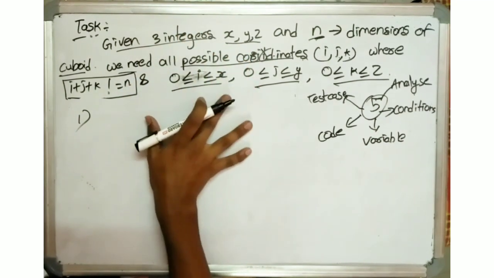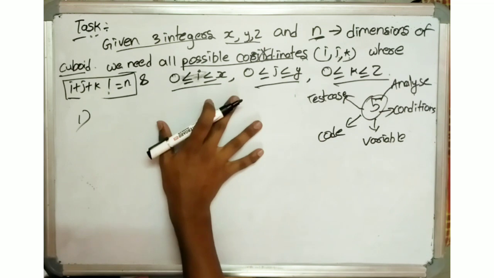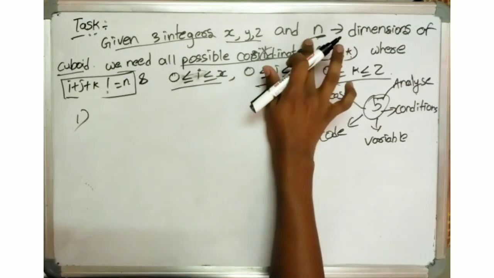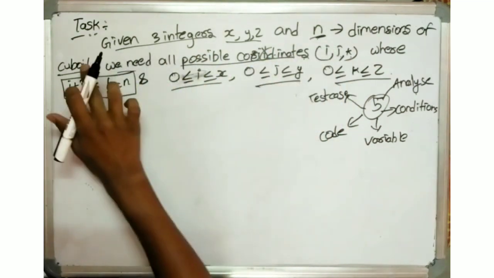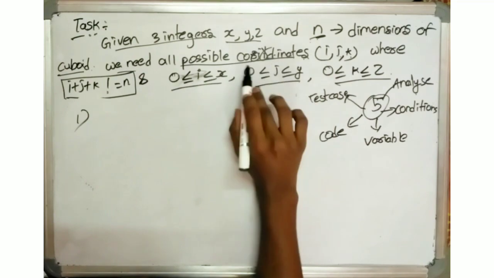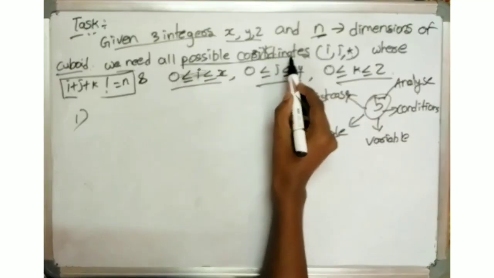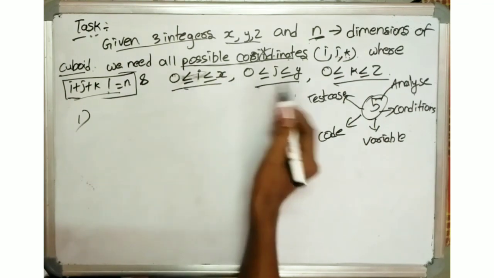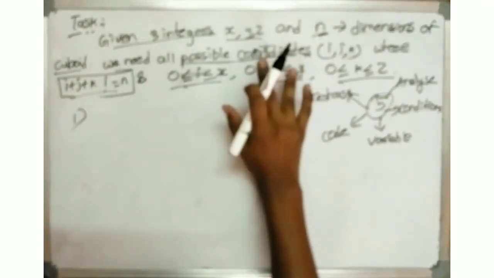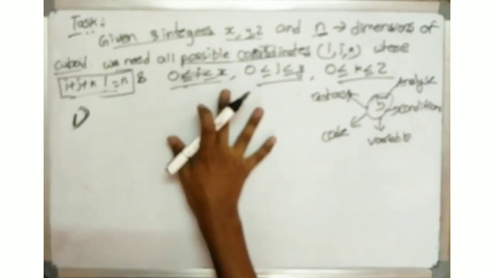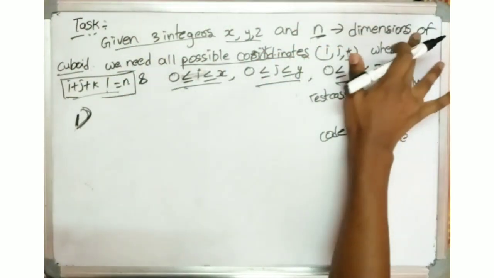It clearly says that we need 3 integers and a value n, which represents the dimensions of the cuboid, and we need to find all possible coordinates i comma j comma k, and this is the condition given, and this is the constraint. All this comes out of our first stage, the analysis part. In this analysis part, we understand the question.